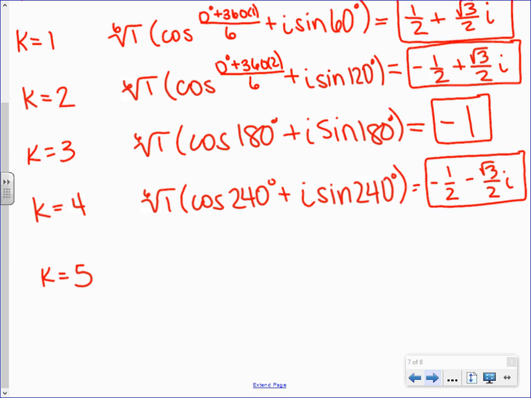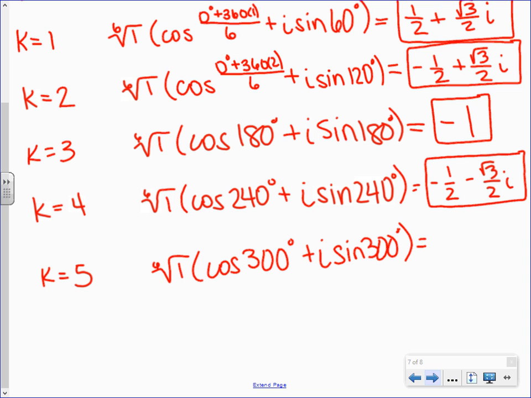This is number 6. Since these are all 60 degrees apart, this is going to be angle 300. So we get positive 1/2 minus radical 3 over 2 i.